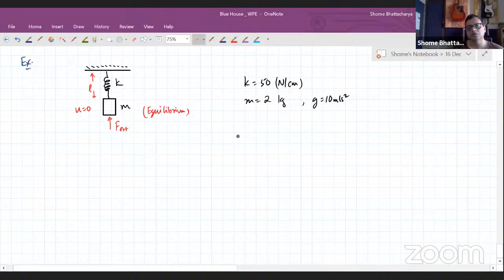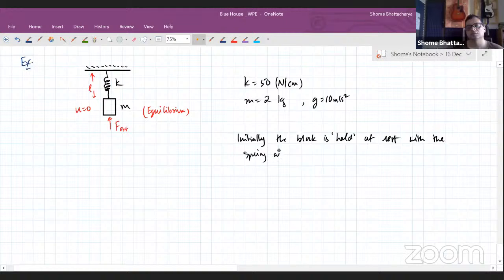Okay. Now initially the block is held at rest with the spring at natural length by the application of this external force.